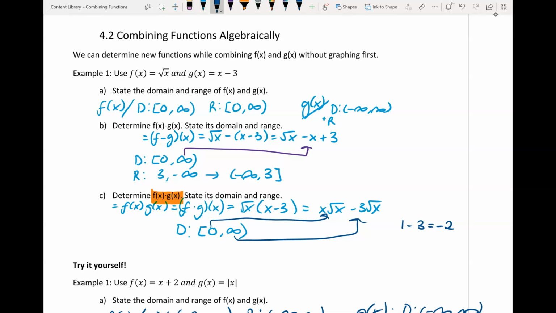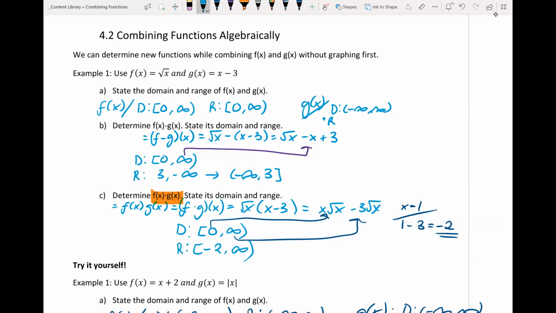This is for x equals 1, and we were able to get the lowest bound here. And if we insert a really large number, let's say 100, then we have 100 root 100 minus 3 root 100. This yields a positive number. And the larger our x value gets, the larger that number gets as well. So our overall range looks like it's going to be from -2 to infinity.